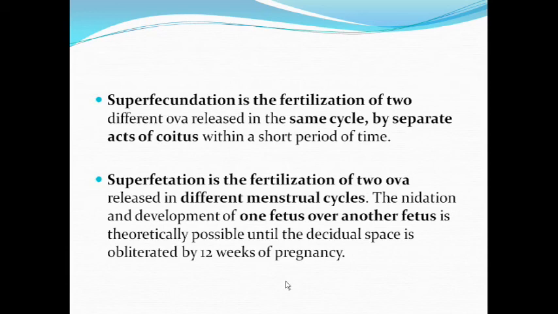While superfetation is fertilization of 2 ova in different menstrual cycles. In superfecundation it was the same menstrual cycle, here it is a different menstrual cycle. The nidation and the development of one fetus over another fetus is theoretically possible until the decidual space is obliterated, which obliterates at around 12 weeks of the pregnancy.